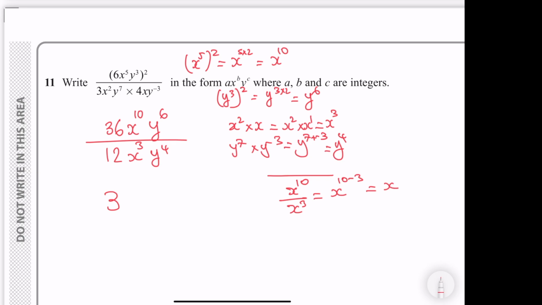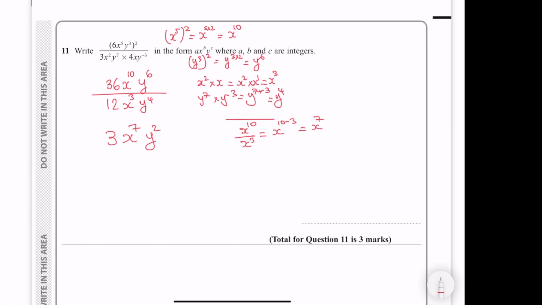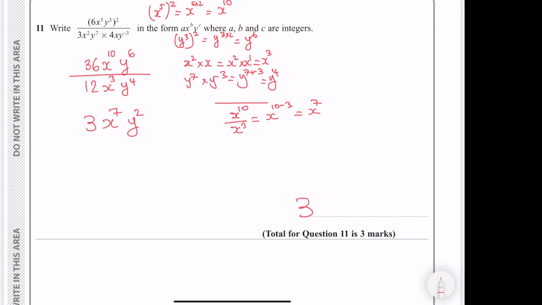That's x to the power of 7. And then you do the same. y to the power of 6 divided by y to the power of 4 is y to the power of 6 take away 4 is 2. This is your final answer. So it's 3x to the power of 7 multiplied by y to the power of 2.